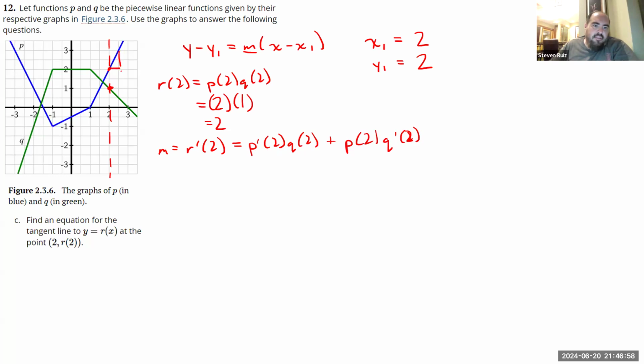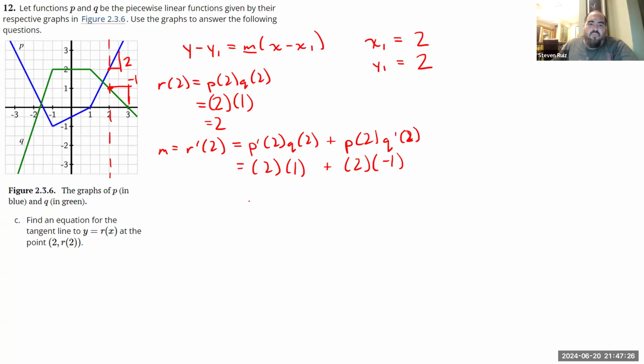Looks like that's going to be positive 2. And what is the value of q at this point? Still 1. We already found this data. We said p of 2 was 2. And last thing we need is the slope of q at x equals 2. So at x equals 2, looks like we have a slope of -1.